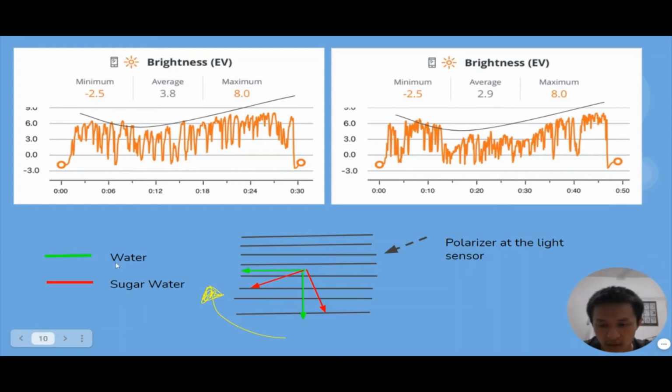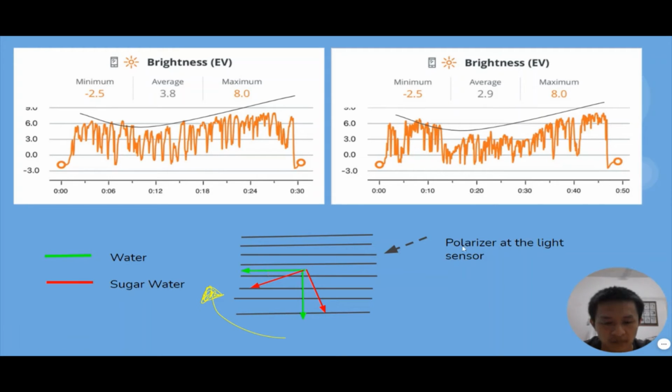The green line is the light polarized by the polarizer and passed through the water, and the red line is the polarized light rotated by the sugar water. So after the first polarizer, the light passed through the water and the water has no effect on it.